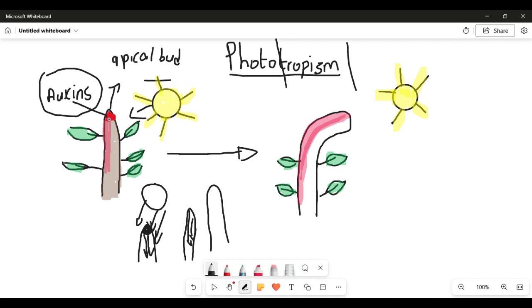When they go to the darker side, they'll cause the darker side to grow more than the lighter side. Does that make sense? And that will cause the stem, as you can see in this diagram, to bend towards light. And what do we call that movement whereby a plant bends towards light? We call it phototropism.